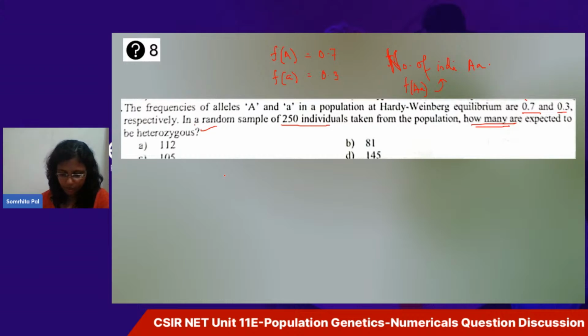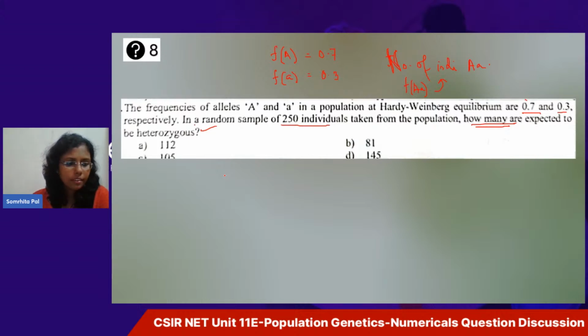Right? So again, let's see who gives me the correct answer. Okay, Suresh has again given me the correct answer.